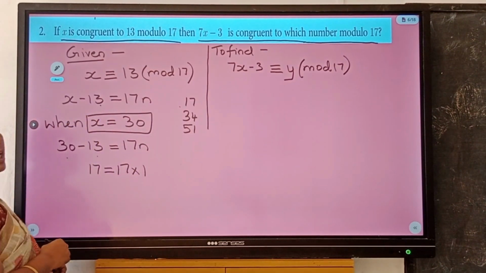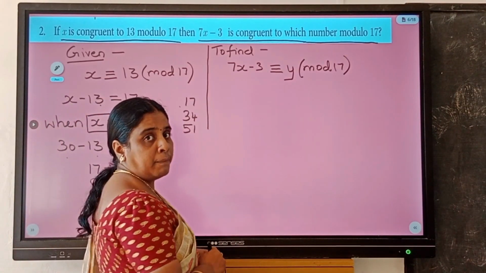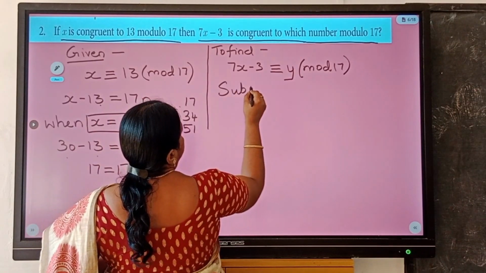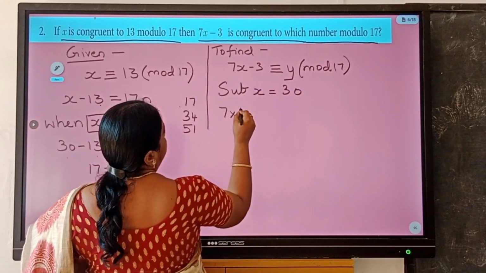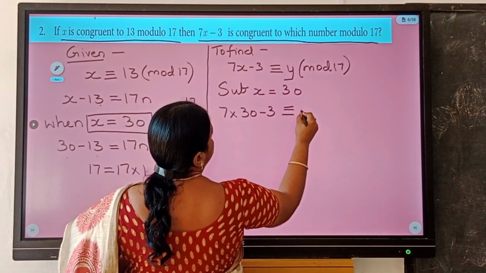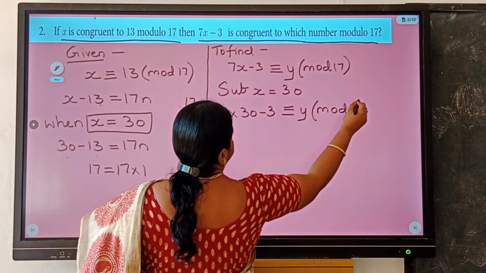Now this x value we are going to substitute in the statement that we have to find. So substituting x is equal to 30, 7x minus 3 is congruent to y modulo 17.